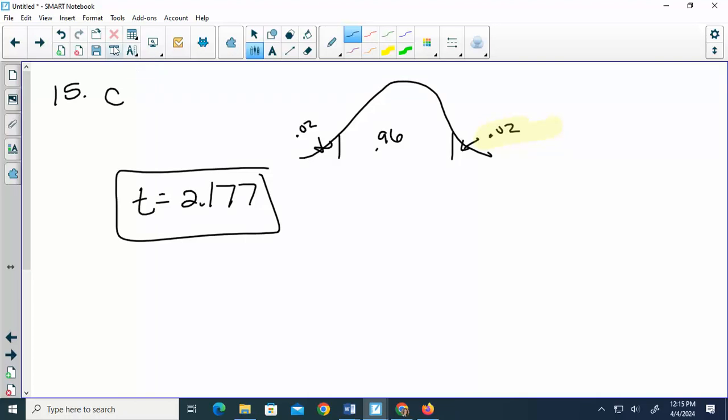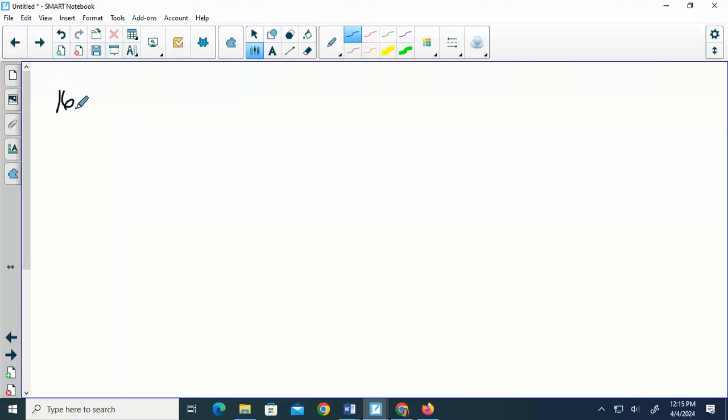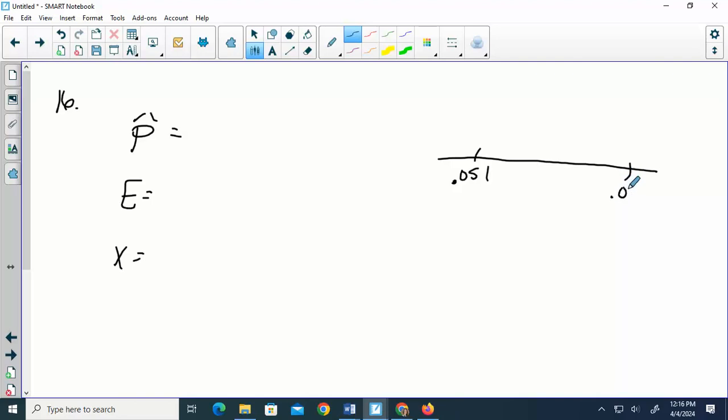Problem 16. So we need the point estimate for the population proportion, that's p hat, the margin of error, that's E, and x. For a confidence interval with a lower bound of 0.051, an upper bound of 0.074, and I'm telling you that n was 1,120.